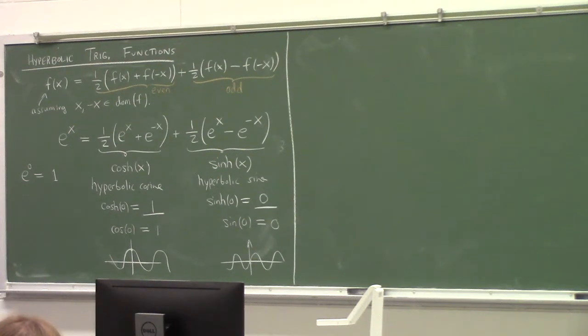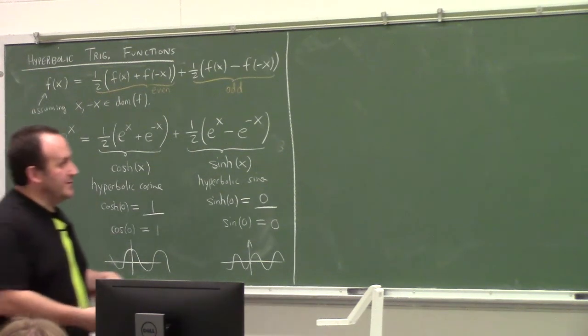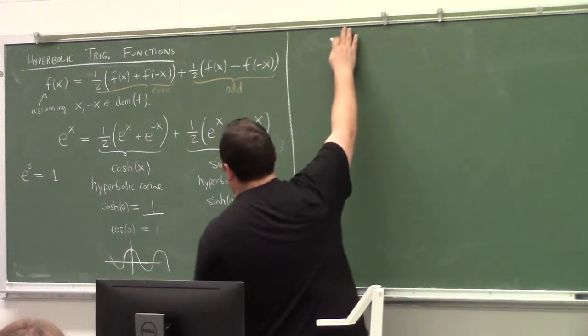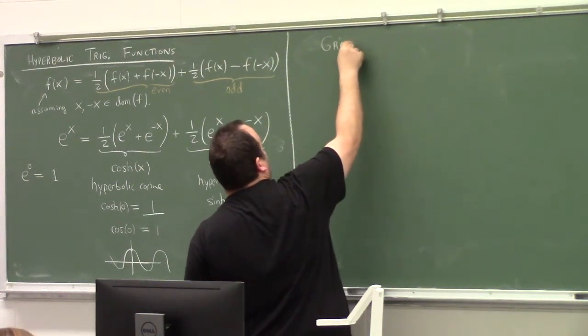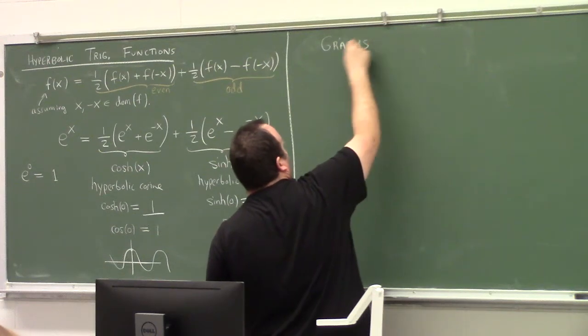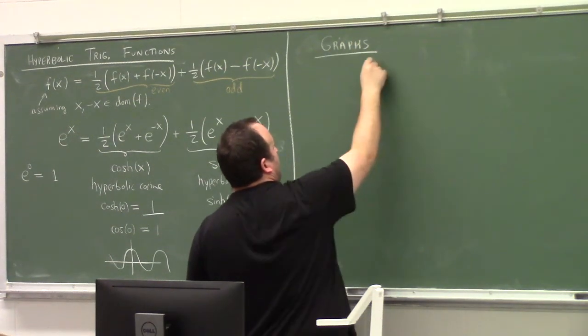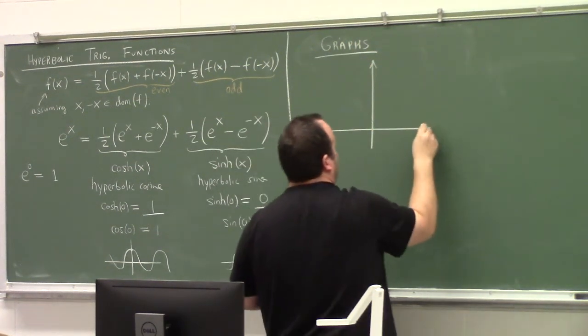That alone does not prove it. It doesn't explain the name. I'll keep explaining as we go on. The next thing I might ask is, what about graphs? What is the graph? So in short, this is what they look like.